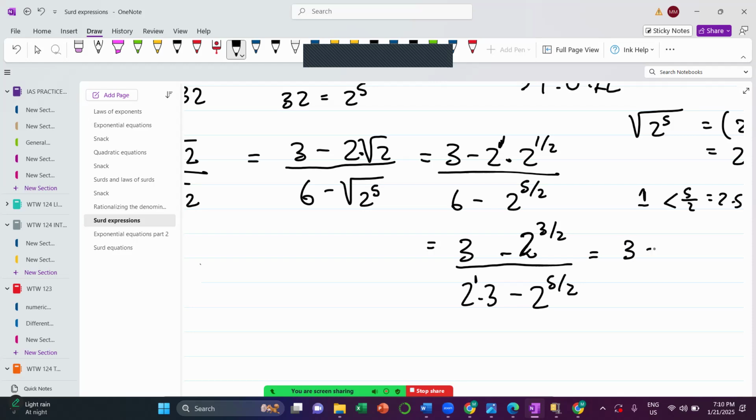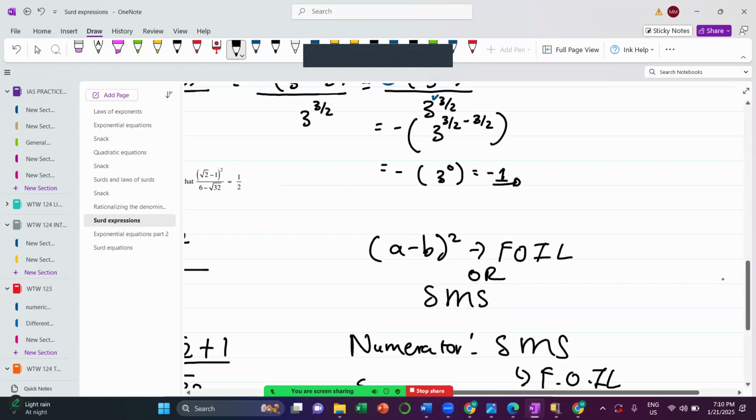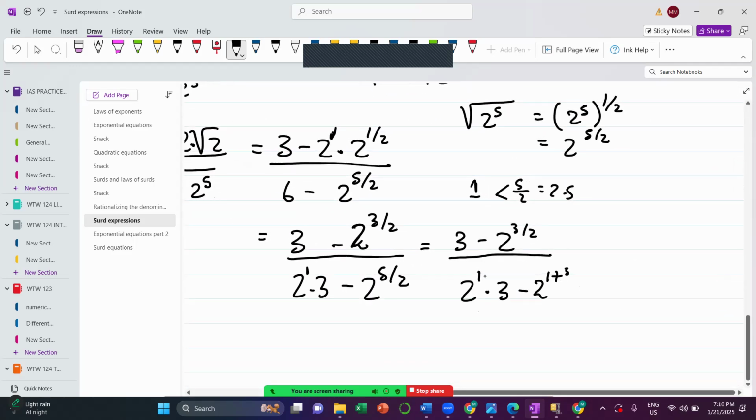So here I'm going to have 3 minus 2 to the exponent of 3 over 2 all over 2 to the exponent of 1 times 3 minus 2 to the exponent of 1 plus 3 over 2. Because I already know that 5 over 2 is 1 plus something, how did I find that something?